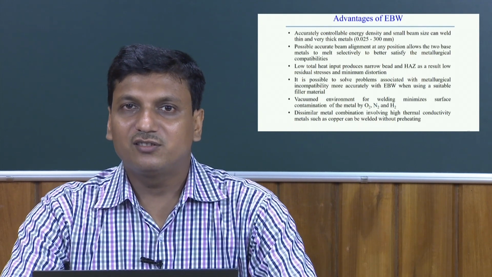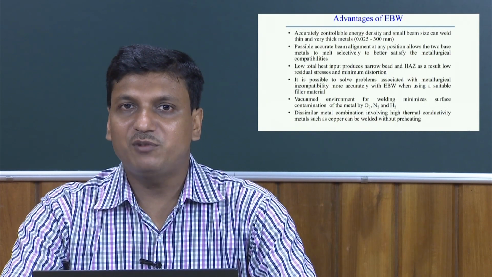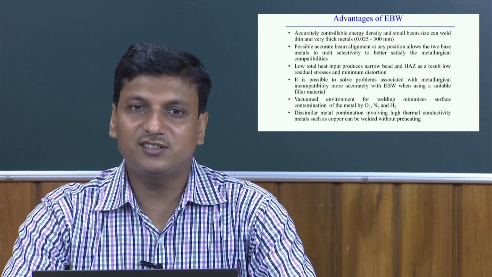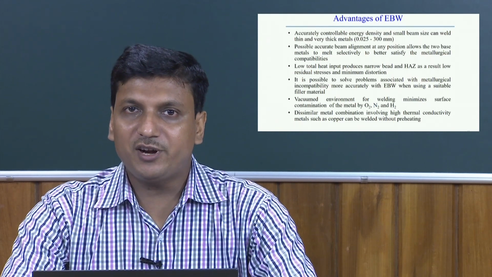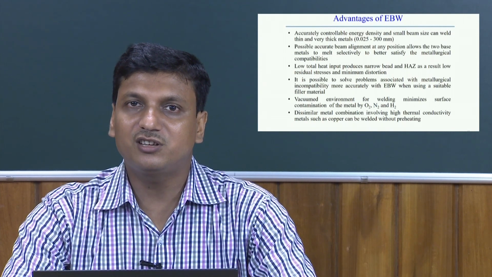But the joining of dissimilar materials can perhaps be done in a more controlled way using the electron beam welding process. The main advantage is that we use a vacuum environment when joining the workpiece material, whether similar or dissimilar, using electron beam welding.